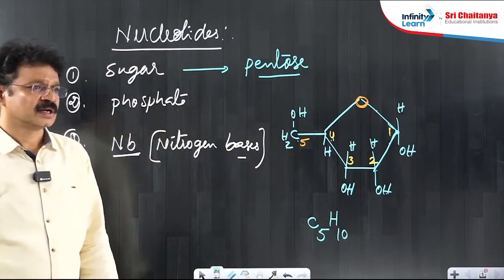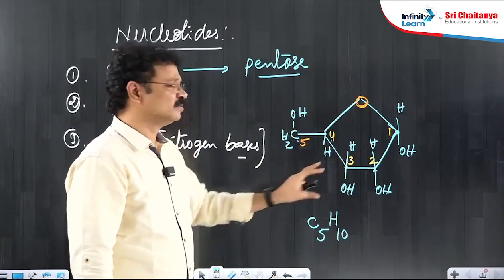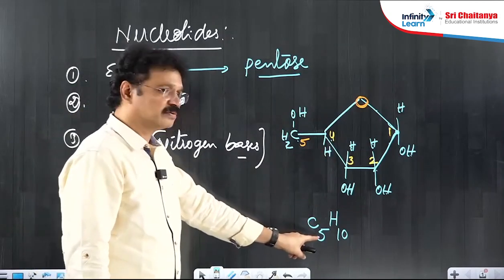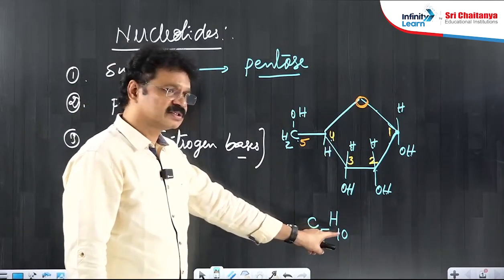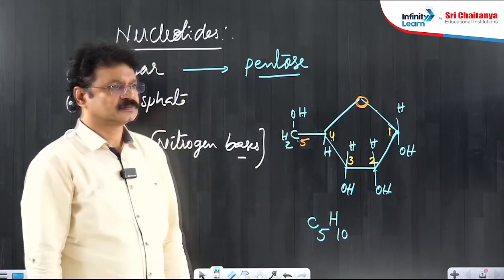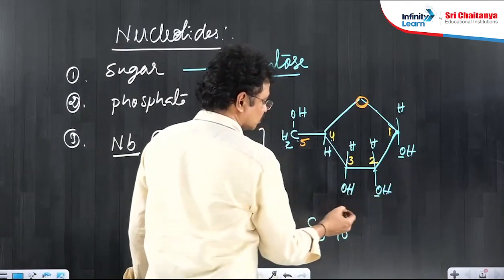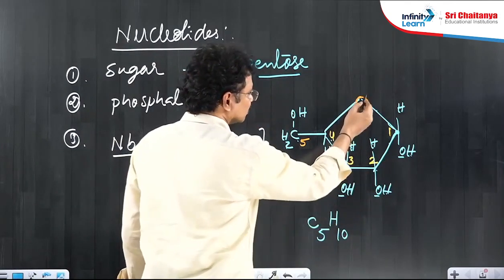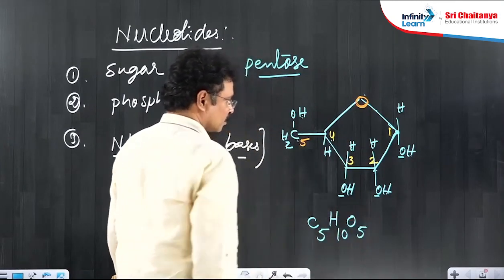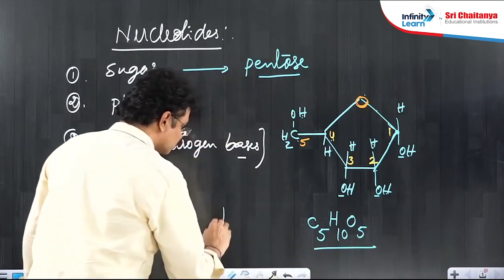Likewise, count the total number of oxygen atoms in this sugar molecule. Number of carbons 5, number of hydrogens 10, and I am asking about the number of oxygen atoms: 1, 2, 3, 4, 5, O5. So, it is the formula for ribose sugar.